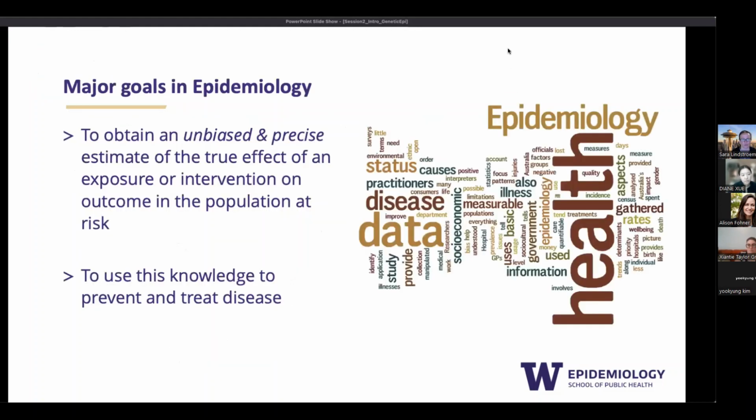So the major goal we have in the field of epidemiology is to use data to get an unbiased and precise estimate of the true effect of an exposure or an intervention on an outcome in a population at risk. For example, when I talk about population at risk, it might not make sense to try to understand the risk factors for prostate cancer in females, because they do not have a prostate.